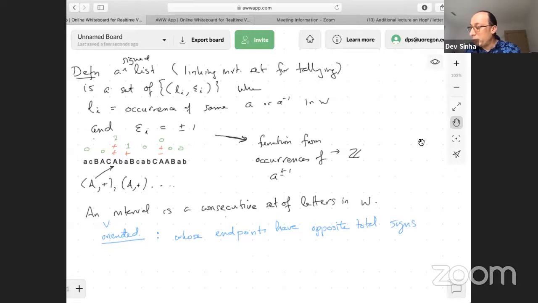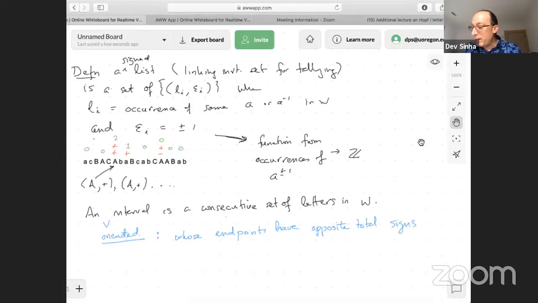So I'm assuming I've got a word that maybe I've assigned some additional signs to the letters as in the list, and then the endpoints of an oriented interval will have opposite total signs, which the way that works is if I've got, for example, A inverse with plus, that's a minus, whereas A inverse with a minus additional sign will have positive total sign.